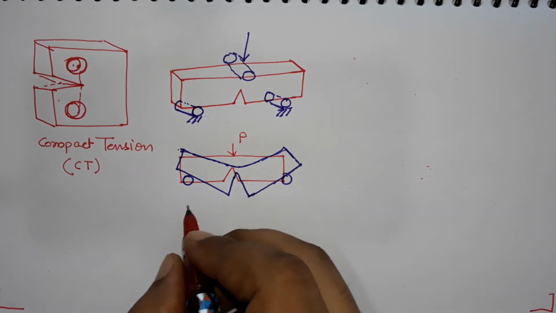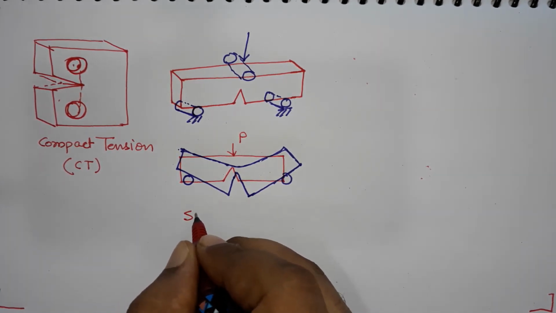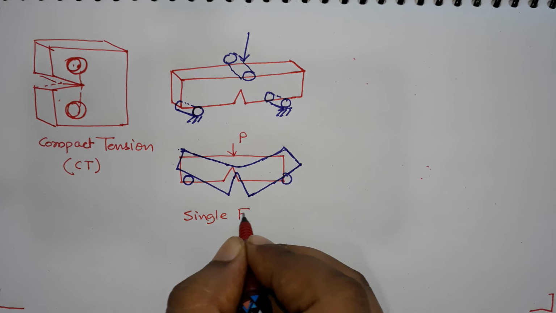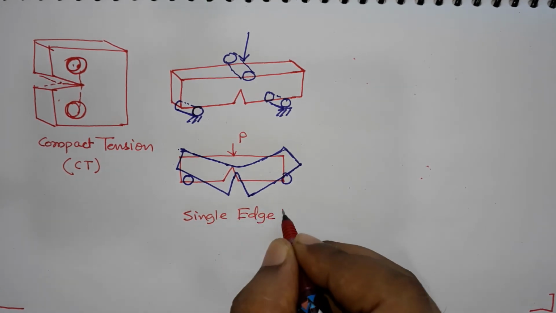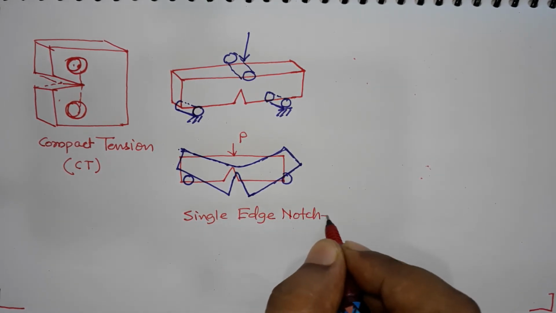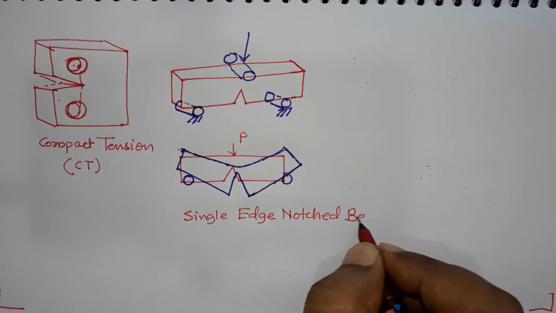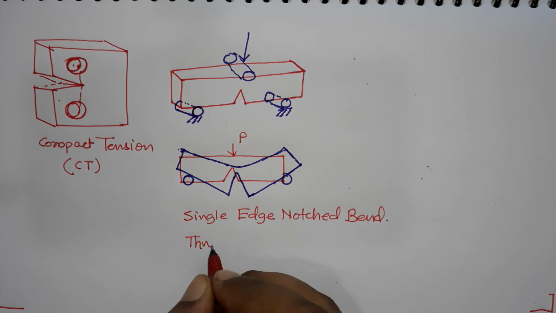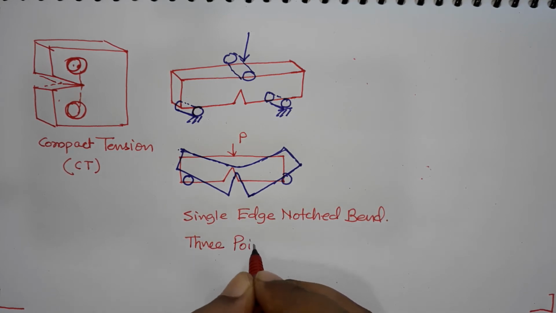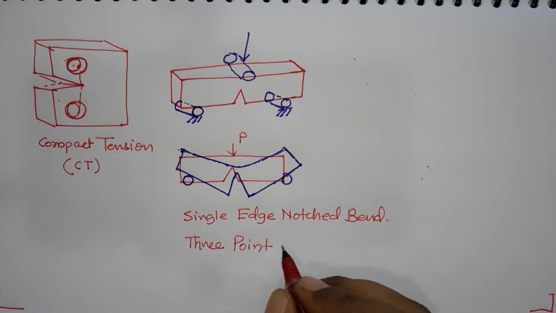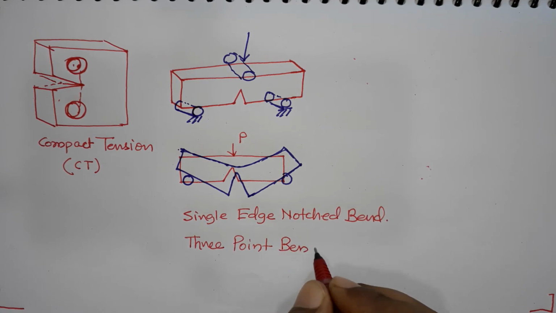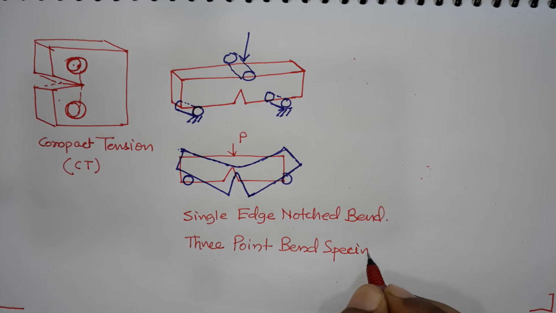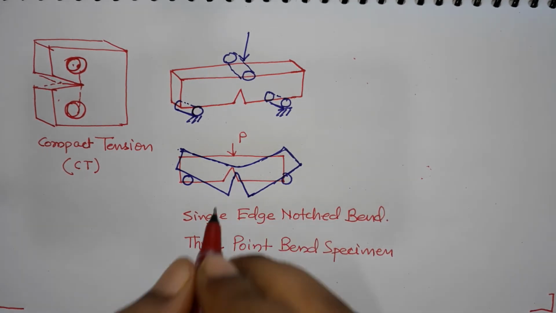So, this is called single edge notched bend specimen. Sometimes it is also called 3-point bend specimen, but that name is not suitable, because it tells you that the specimen is being bent at 3 points, but it does not tell you whether you have a crack or not.